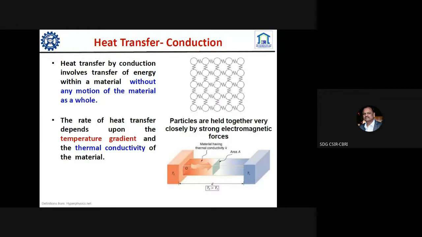As we know, heat transfer generally occurs through conduction, convection and radiation. Conduction occurs in solids, where heat transfer involves the transfer of energy within the material without any motion of the material as a whole.